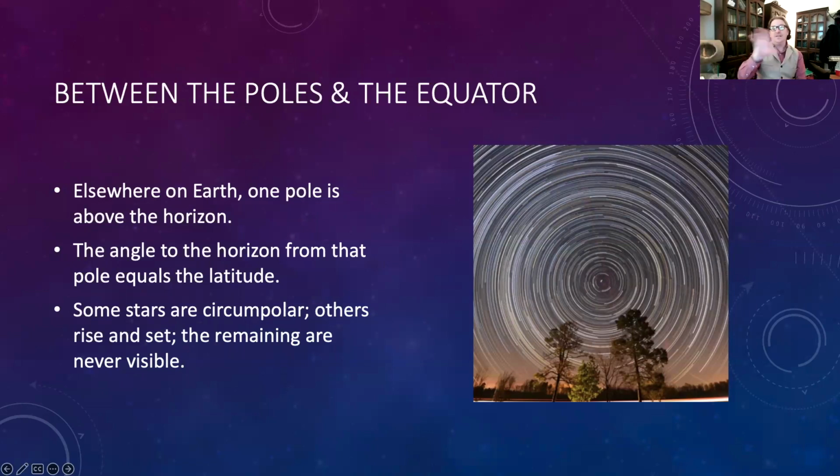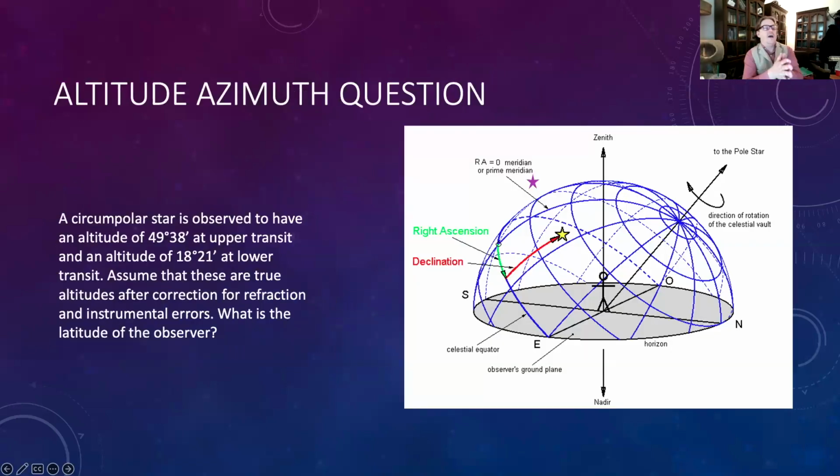The upper transit is when it moves from east to west, across your meridian above Polaris, and then the lower transit is when it moves from west to east below Polaris. So getting back to this question, you have the altitude of the star as it moves from east to west, and then the altitude of the star as it moves from west to east.